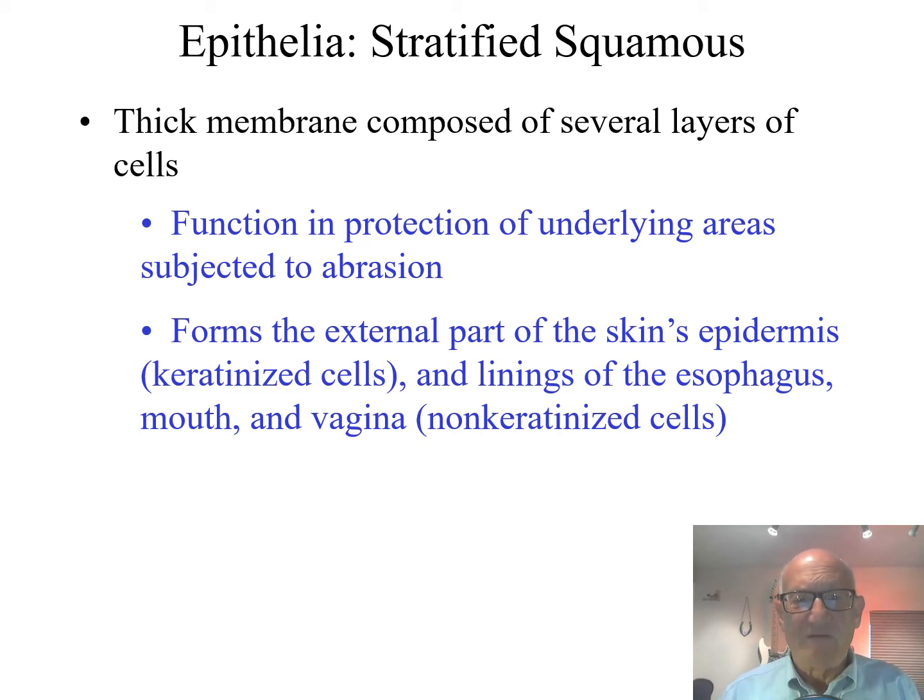And the linings of the esophagus, the mouth, and the vagina are non-keratinized cells. So these are all areas that are subject to a lot of abrasion and friction, and they have to be able to reproduce this layer of cells on a regular basis.